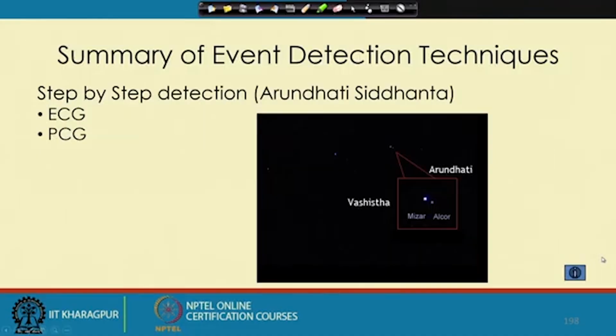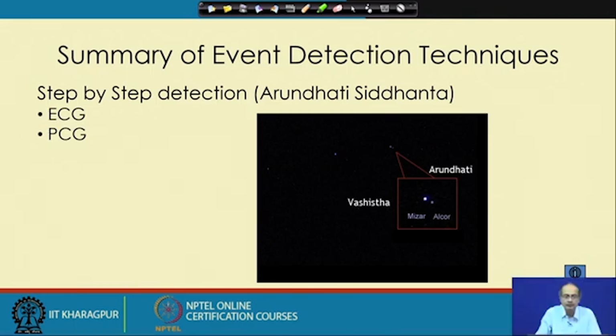Apart from that, we should look into what we have actually learned from this chapter. One very important thing we have learned is step by step detection, which is called Arundhati Siddhanta in Indian philosophy.